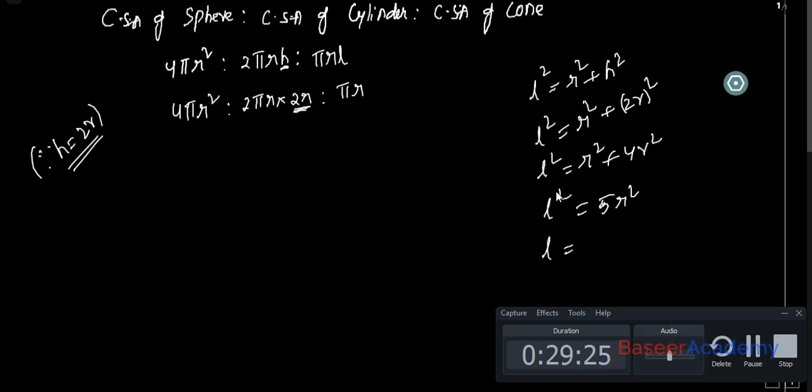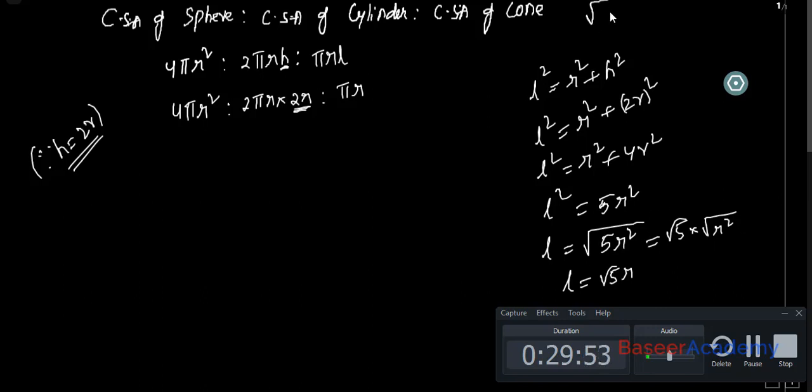L will be, if I remove the square on the left hand side, I'll have to put a square root on the right hand side, right? This root goes for 5 also, and for r square, square and square root get cancelled, I get r. So the value of l is square root of 5 r. Let me break this down for you. Root, I'll take it for 5 also, root I'll take it for r square also, right?